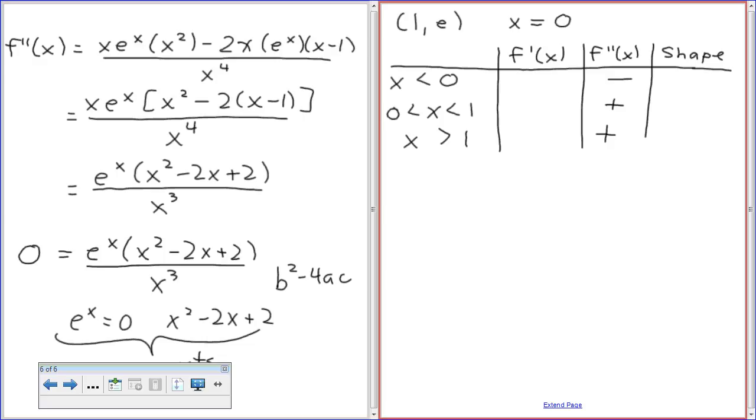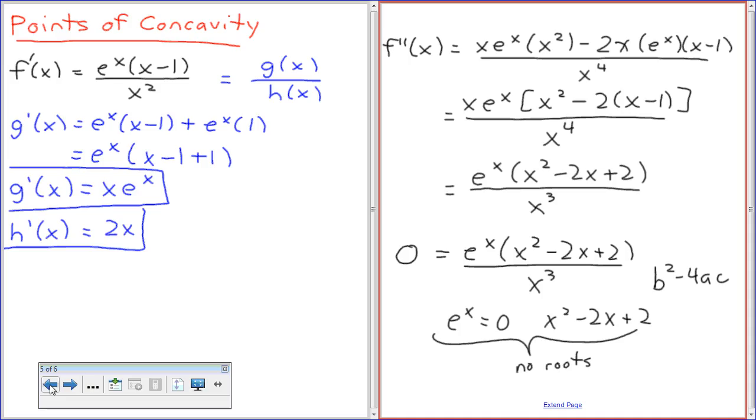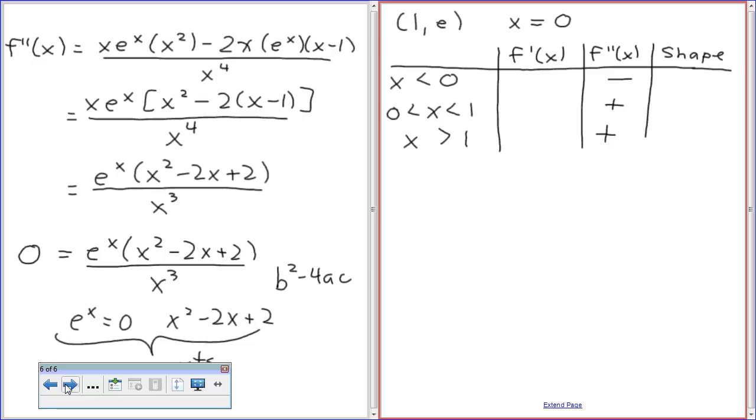Okay. Let's go back to our original function, which was f prime of x, which is this one. The first one was negative. e to the negative is still a positive, divided by a positive times a negative, divided by a positive is still going to be a negative.